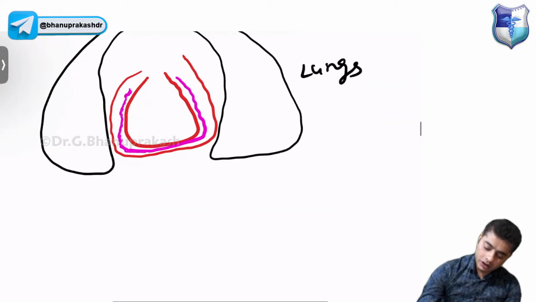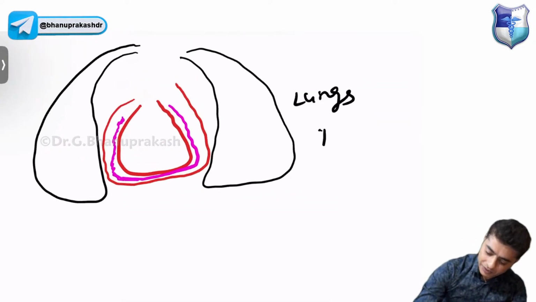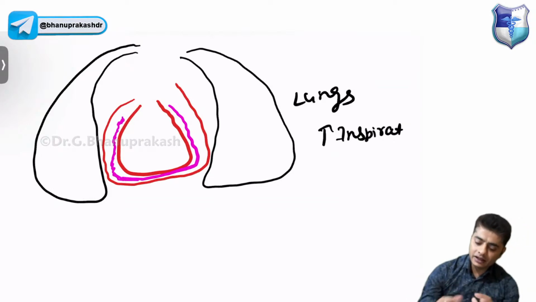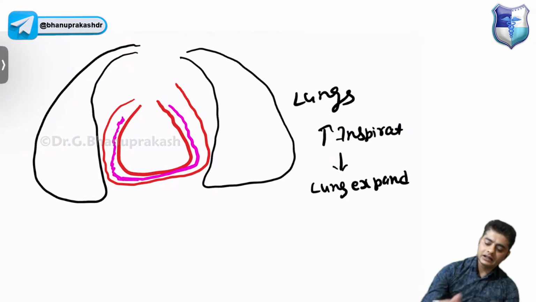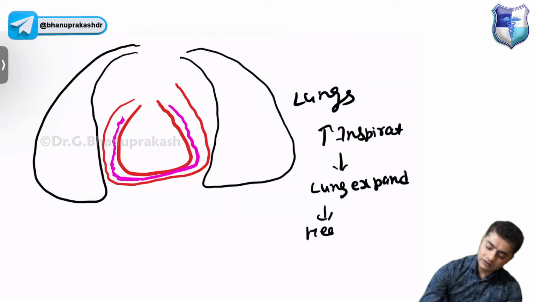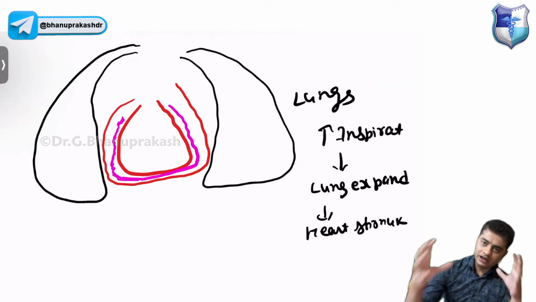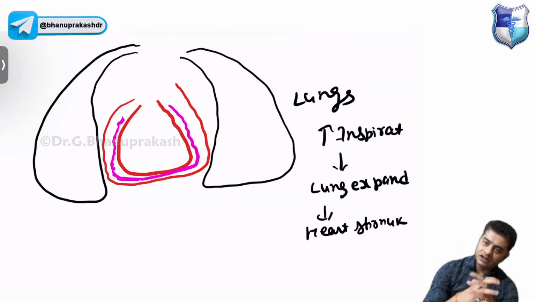Now we know in inspiration, the lung will expand. If the lung expands, then the heart will shrink, or heart size will get small. If heart size gets small, then these two pericardial layers will get more time to rub with each other.